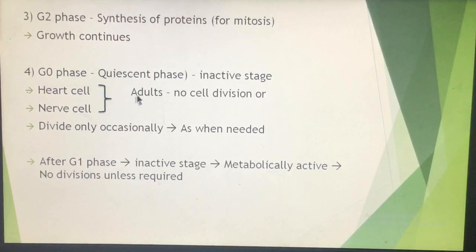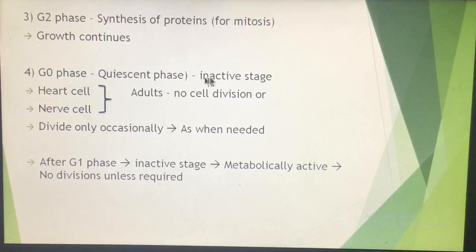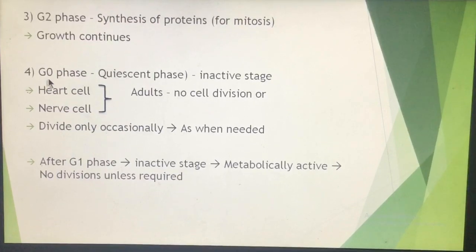So the cells of the heart or the nerve cells don't show cell division, so they undergo an inactive phase after which there will be no interphase or mitotic phase. So that is known as the G0 phase.